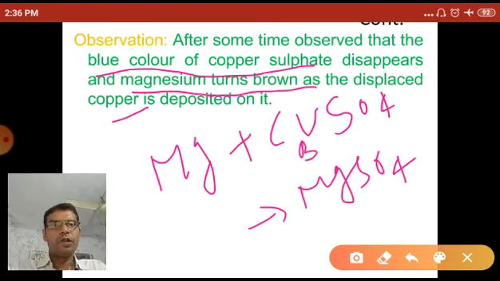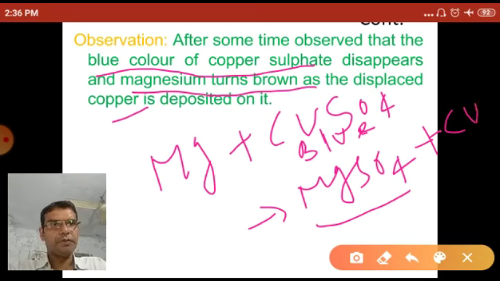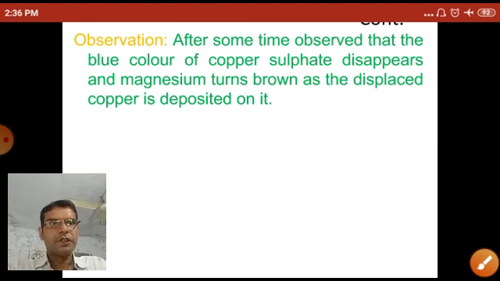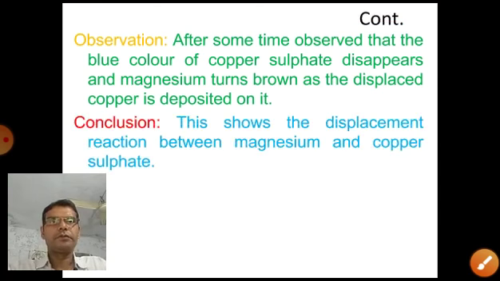The blue color of copper sulfate disappears and copper forms, which has a reddish brown color and is deposited on the magnesium.